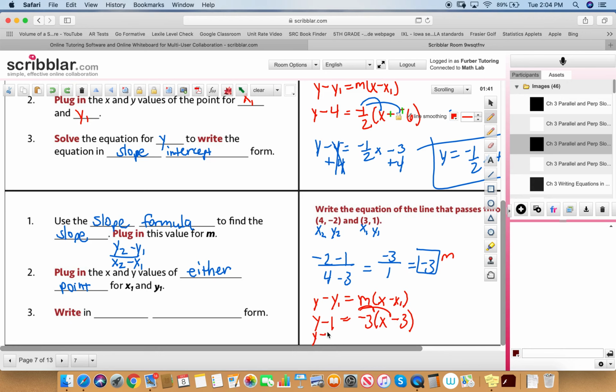So I get y minus 1 equals negative 3x plus 9. Then I'm going to add 1 to both sides so I can get my final equation of y equals negative 3x plus 10. So the last step was to write it in slope-intercept form.